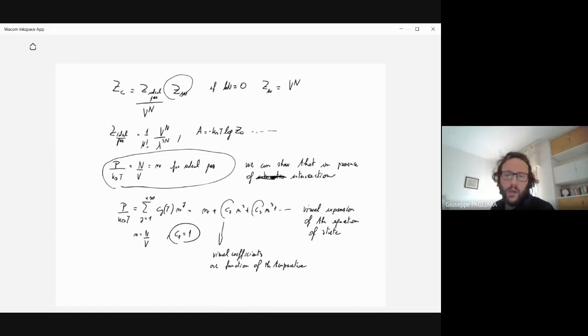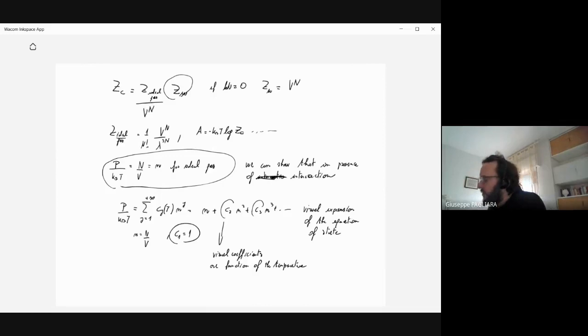So the equation of state looks more complicated, in the sense that we do not have anymore P divided by kBT equal to the density, but we have the density plus the density squared times a function of T, etc., and all the other terms.